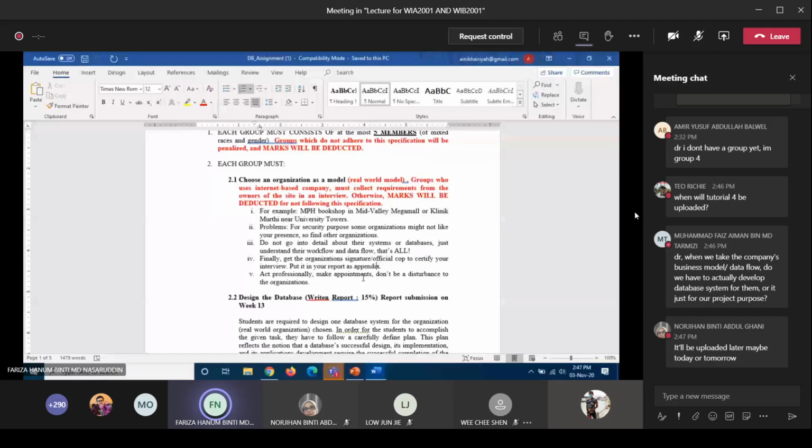You can already do this, and after you have your ER diagram and have done your normalization, then you build your tables and do your implementation, and then you run SQL queries.